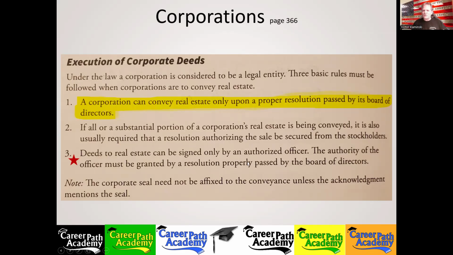Well, they need some sort of authorized officer appointed by the board of directors. So the authority of the officer must be granted by a resolution passed by the board of directors, naming one person to go in and sign any relevant documents to list it for sale, to sign the contracts of sale, etc. Now, a corporate seal doesn't need to be on that document unless the acknowledgement mentions a seal.